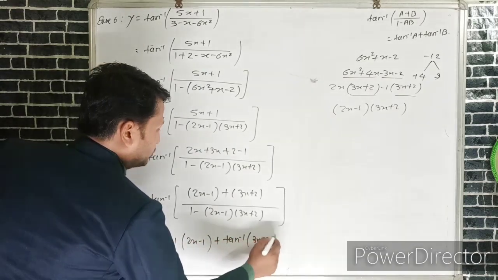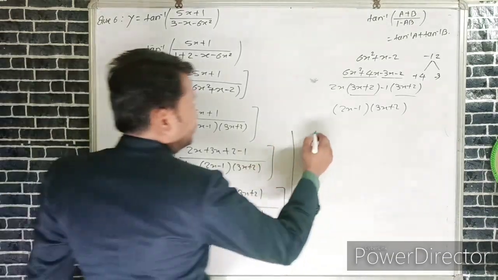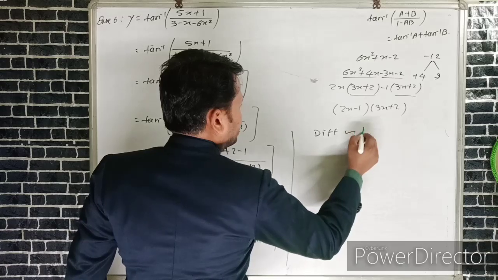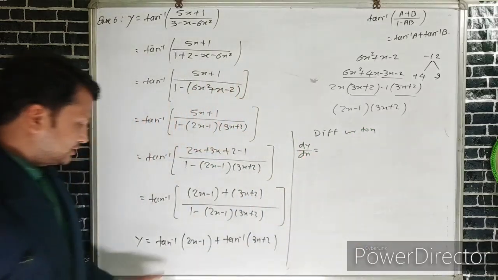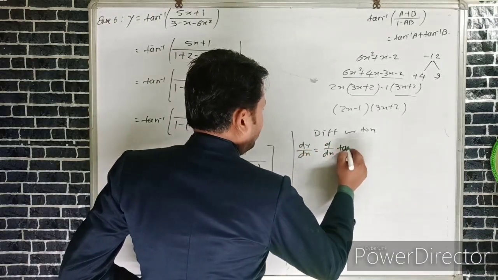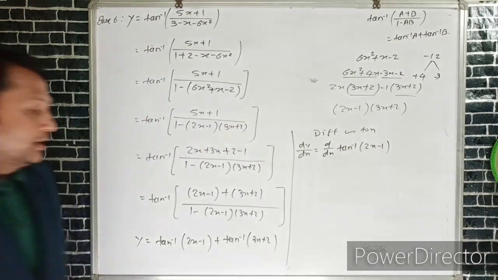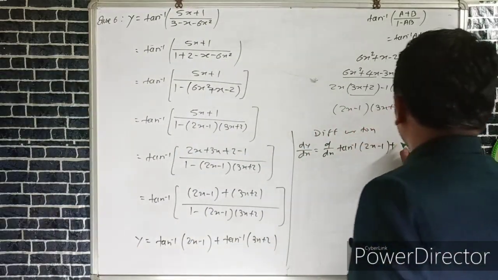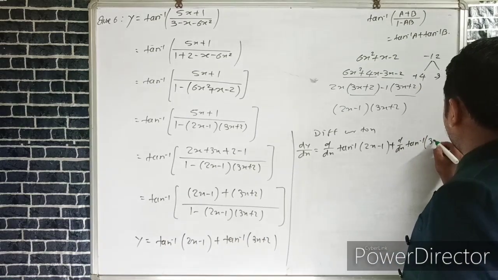If we differentiate the given function with respect to x, then we get the derivative dy by dx. We take the derivative of tan inverse of 2x minus 1, plus again the derivative of tan inverse of 3x plus 2.